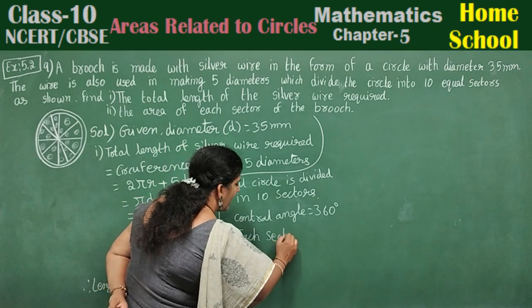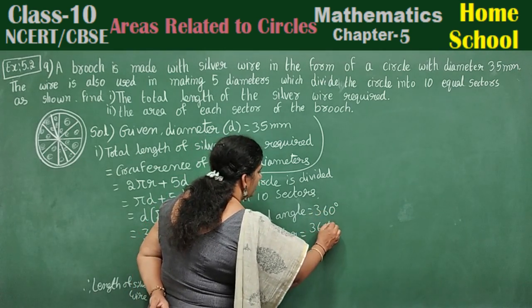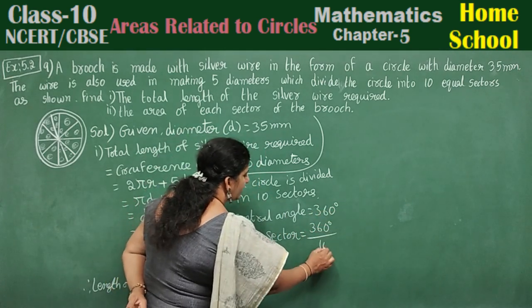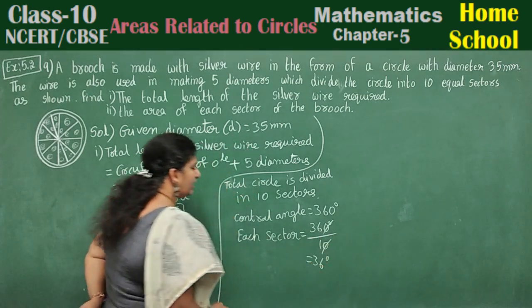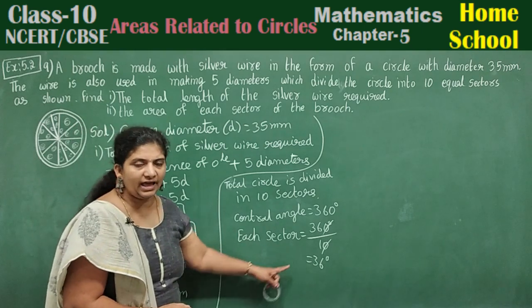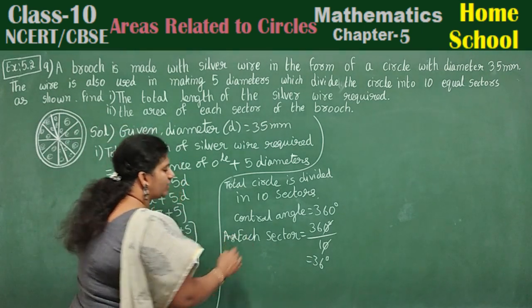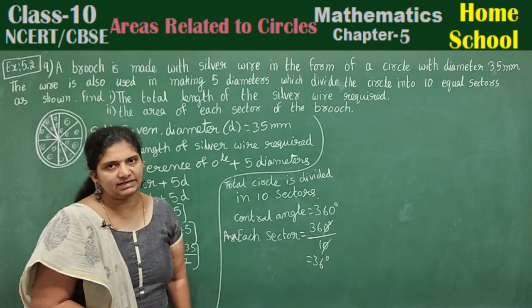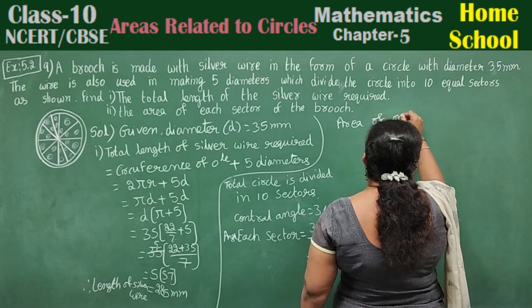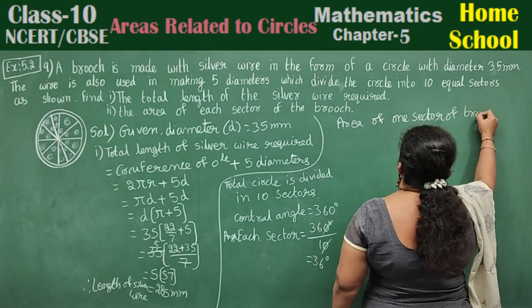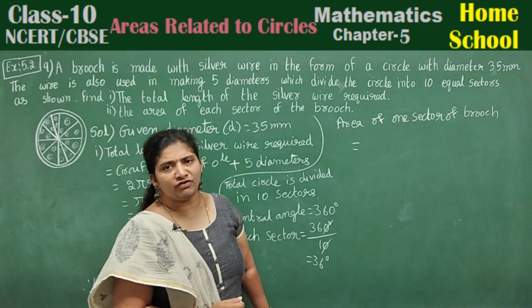Each sector angle is the central angle divided by the number of sectors, 10. Zero, zero cancel, that will be 36 degrees. The angle of each sector is equal to 36 degrees. The area of one sector of the brooch is equal to, what is the area of a sector formula?